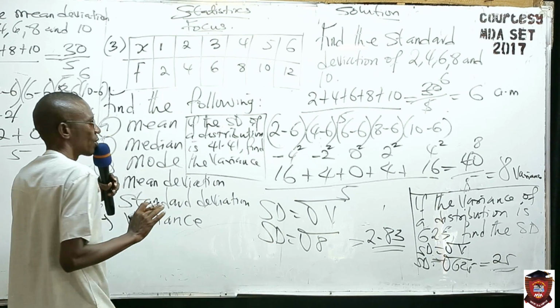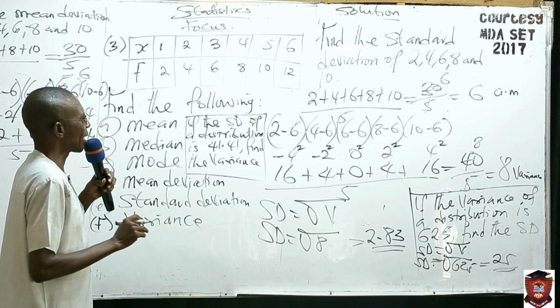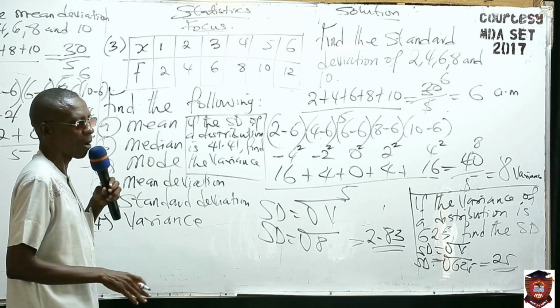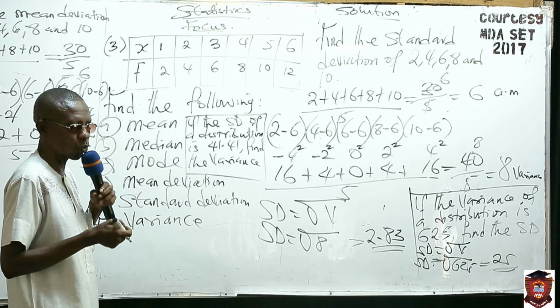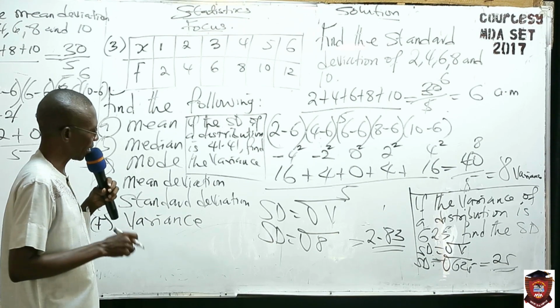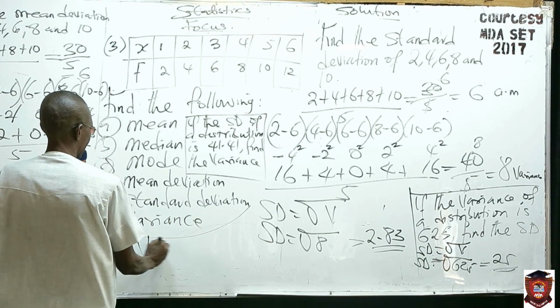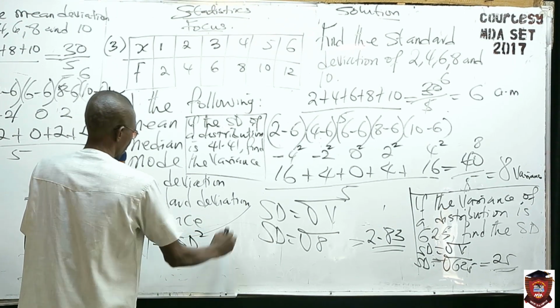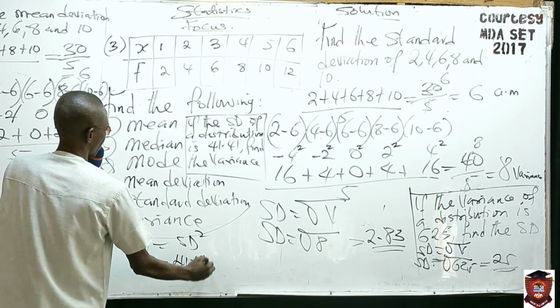I'm just touching some rudiments you need to know. Variance is the square of standard deviation. Variance is the square of what? Standard deviation. Your variance will give us 41.41 squared.